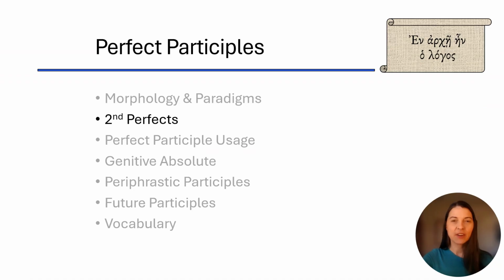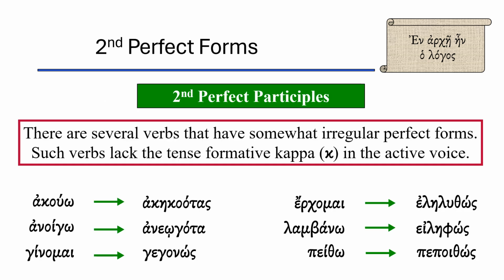And similar to the aorist, you have some words that will take a second perfect. There are several verbs that have an irregular perfect. We call these our second perfect, similar to our second aorist that lack that sigma formative. These second perfects will lack the kappa tense formative in the active voice.